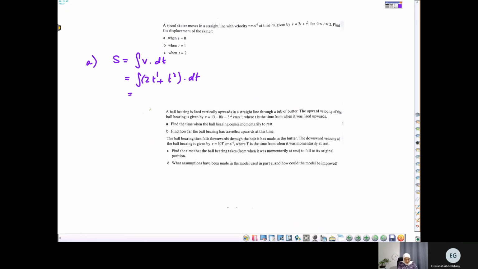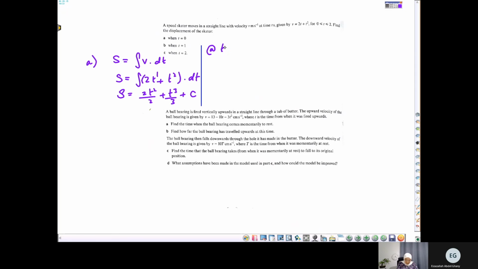Increase the power by 1, divide by the new power. Increase the power by 1, divide by the new power. And c.